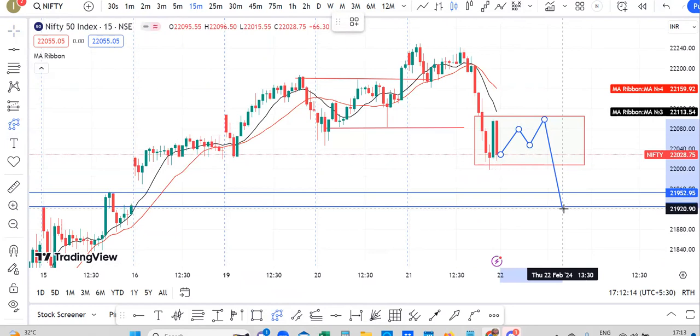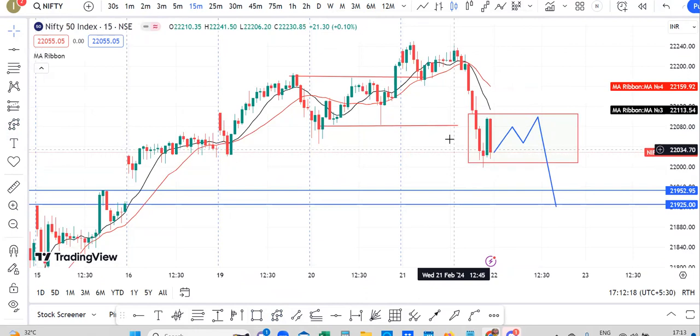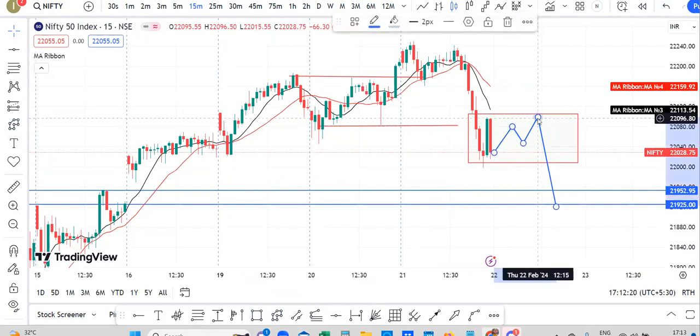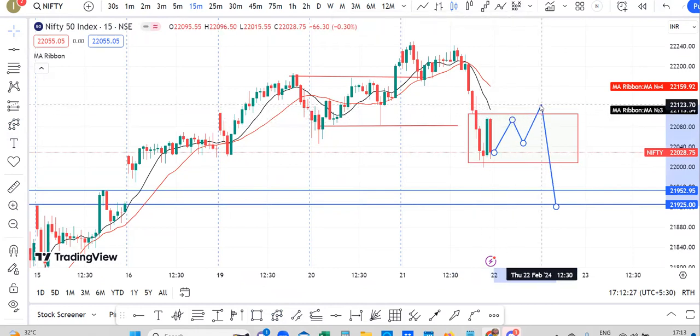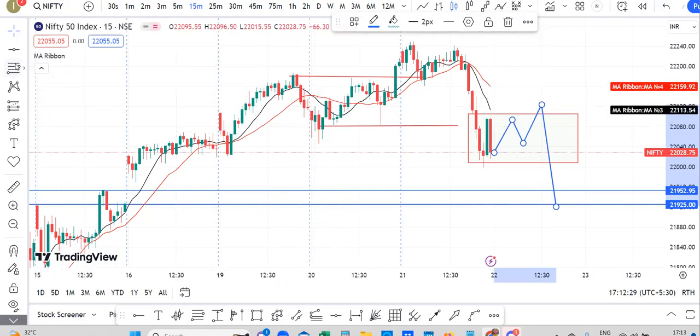And then there may be a sell-off in the market. Probably it may do this sort of movement. So it can make a higher high like this formation.